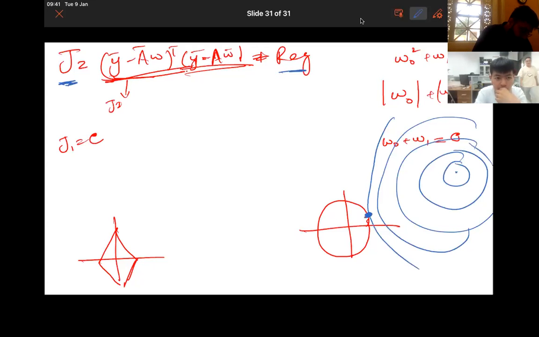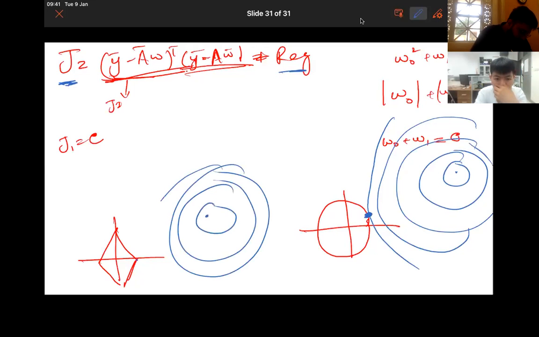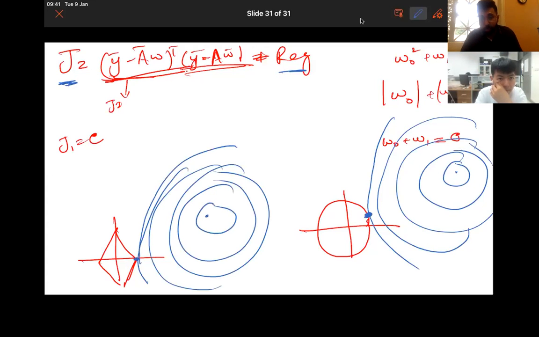The intersection with the diamond, however, is more likely to be at one of these corners, because of the shape of the diamond. That's one of the main advantages of using lasso. What is the good thing about these corners? Can somebody tell me the main property of these corners? The main property is that some of the weights are zeros at these corners.